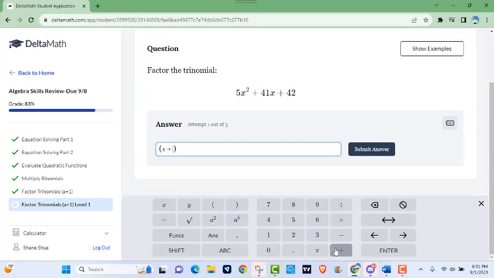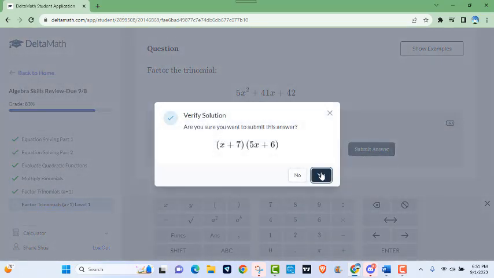Oh, and somehow, I don't know how I missed that 7. Right, and we have too many parentheses. Let me get rid of some of these. So here we have x plus 7 times 5x plus 6. Submit answer. Yep.